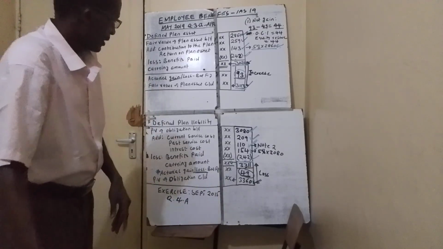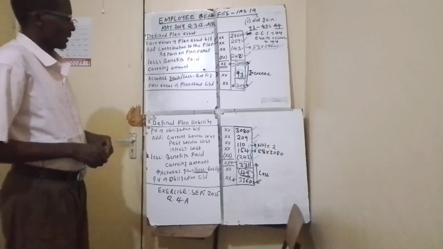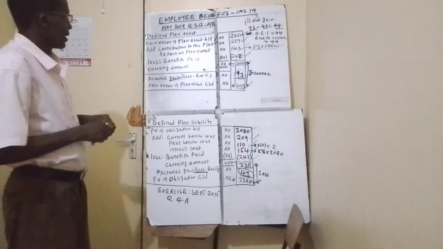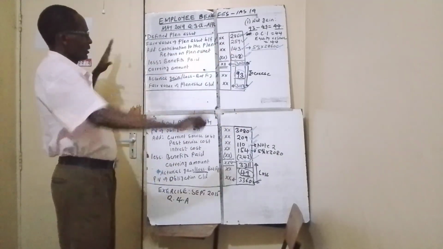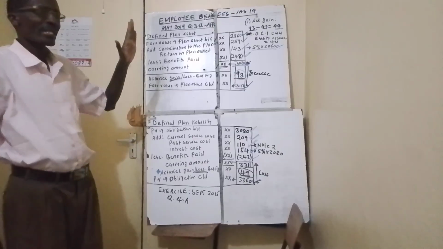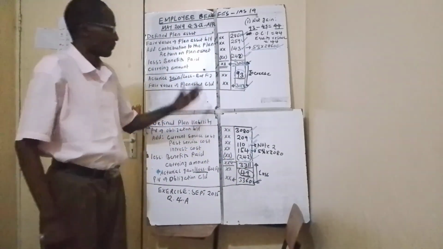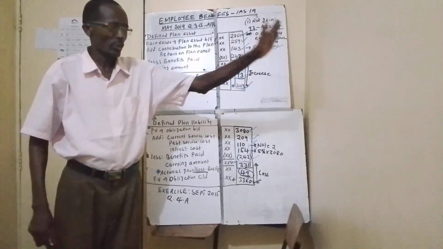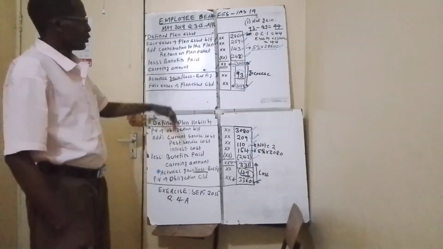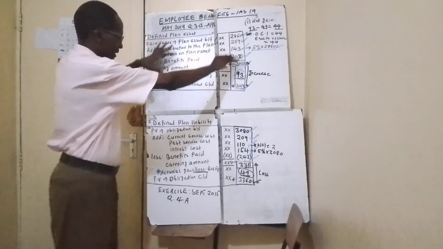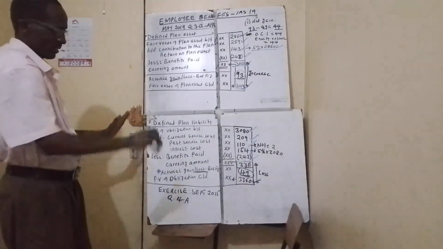Very simple. Now, something else that I want to mention here is that the examiner may give you this kind of question, but covering several years. For example, 2024, 2025, 2026. Now, what you do is that you just present the same format.